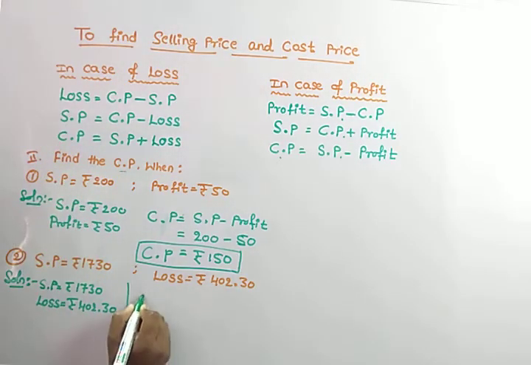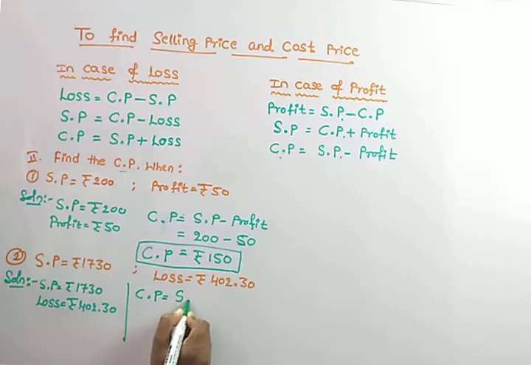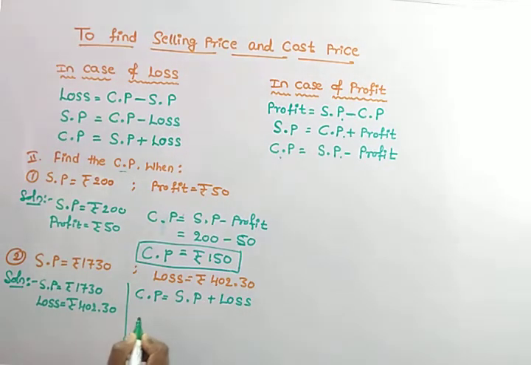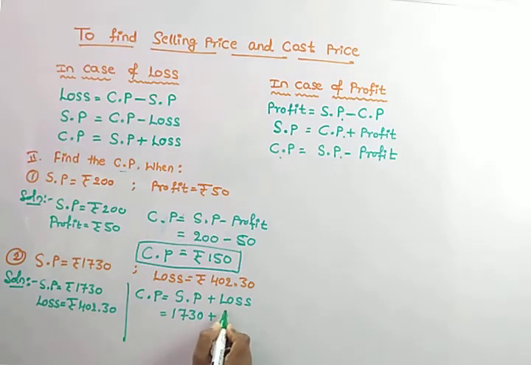I write the formula: CP is equal to selling price plus loss, which is equal to 1730 rupees plus 402 rupees 30 paise.